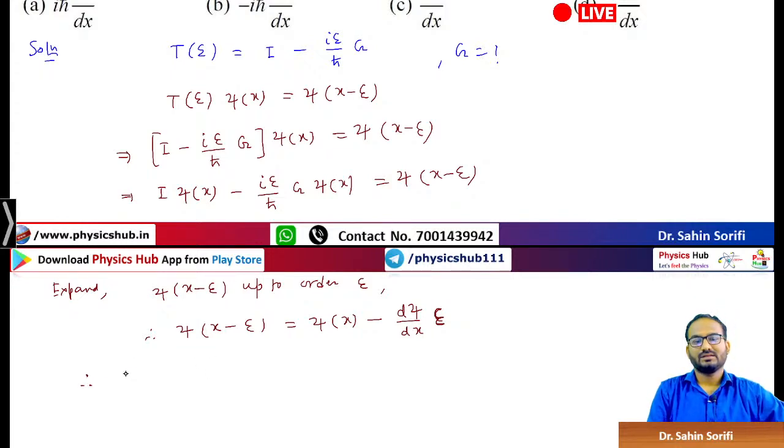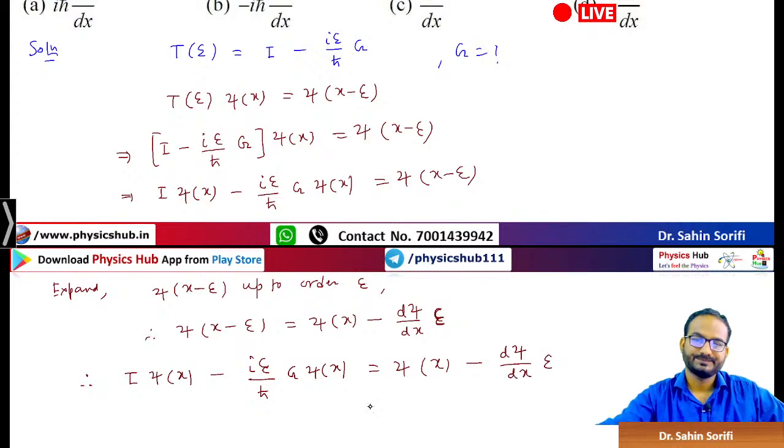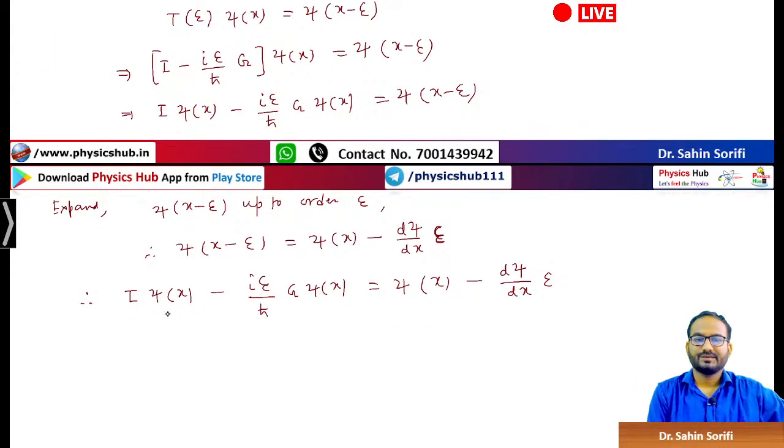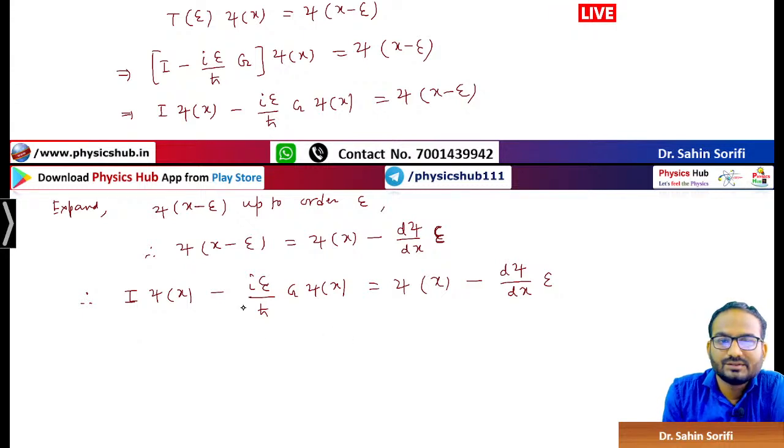As a result, on the left, I psi of x minus I epsilon by h cut G psi of x. On the right hand side, psi of x minus epsilon should become psi of x minus d psi by dx times epsilon. Now I of psi x means psi x, so psi x gets cancelled. Now as you can see, minus I epsilon by h cut G psi x is equal to d psi by dx into epsilon.